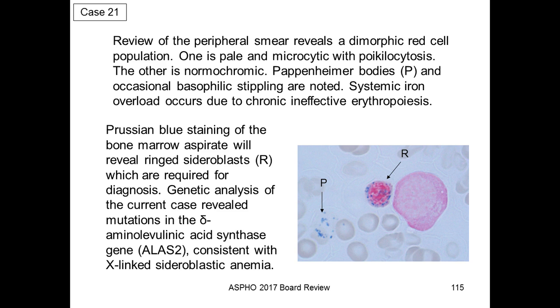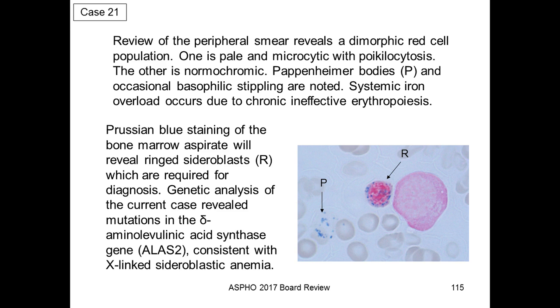So if you do a Prussian blue staining of the bone marrow aspirate, in these cases you will often see ring sideroblasts. The picture here is a red cell precursor stained with Prussian blue, so it doesn't have the normal dark blue appearance that you would see with a Wright-Giemsa stain.